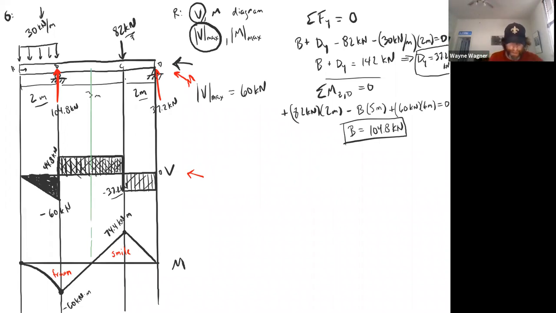Everything to the left of that line is going to bend like this, with a frowny face, and everything to the right of that is going to smile. In other words, this bit is concave down and this bit is concave up.